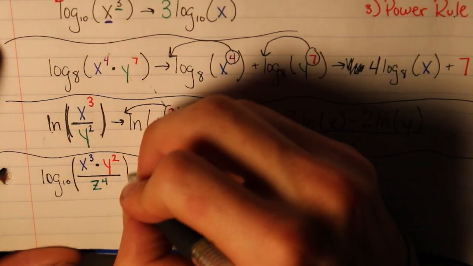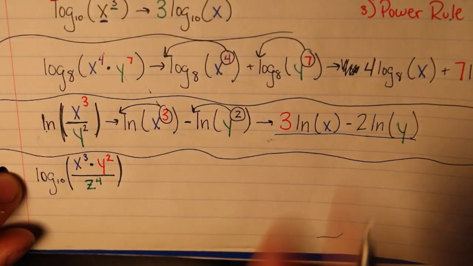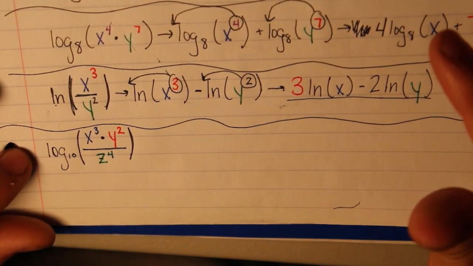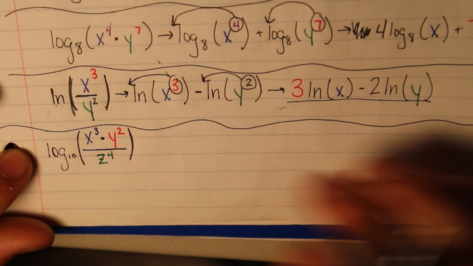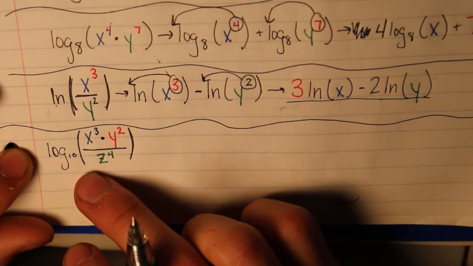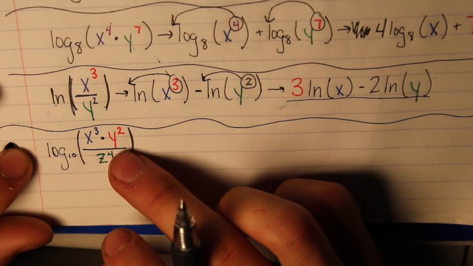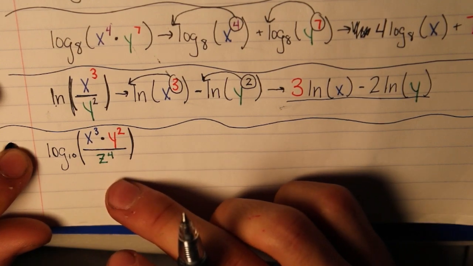I'm all the way down here, by the way. This is the best angle I can give you. All right, log base 10 of x cubed times y squared over z to the 4th.